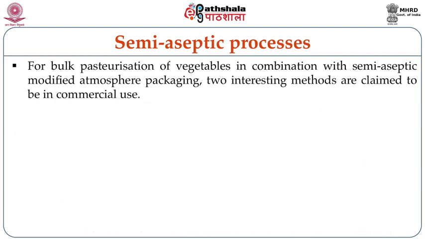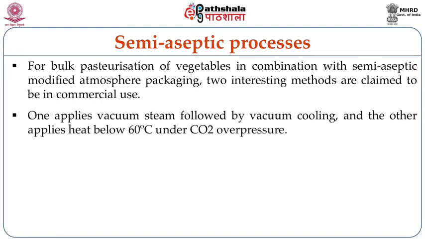For bulk pasteurization of vegetables in combination with semi-aseptic modified atmospheric packaging, two interesting methods are claimed to be in commercial use. One applies vacuum steam followed by vacuum cooling, and the other applies heat below 60 degrees centigrade under carbon dioxide overpressure.